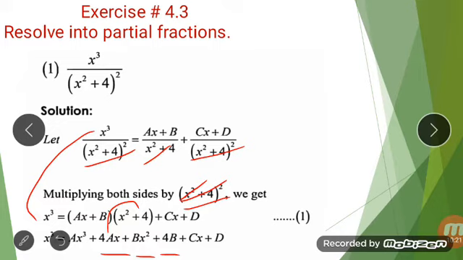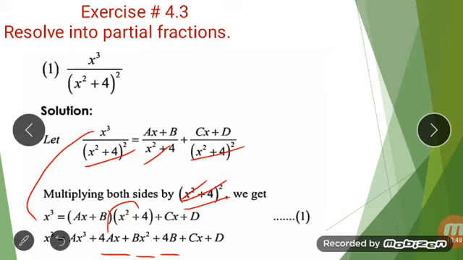So here, since we don't have any linear factor to find the value of x, we will go with the equating the coefficients method. Here we are going to find four unknown values a, b, c and d. And how many terms do we have? X cube, x square, x, and then constant terms. So we have to equate all these in order to find the unknown values.